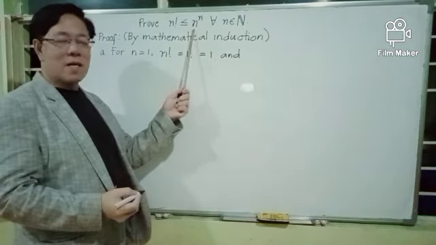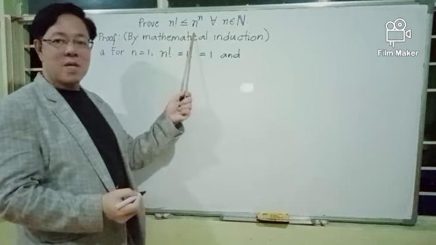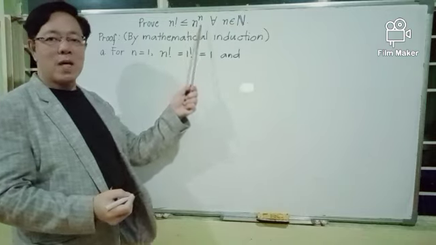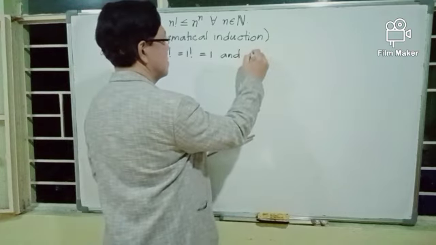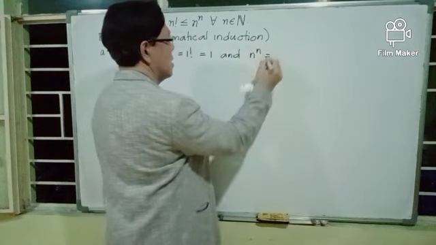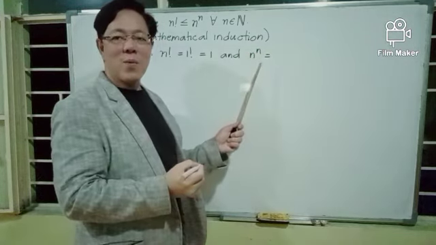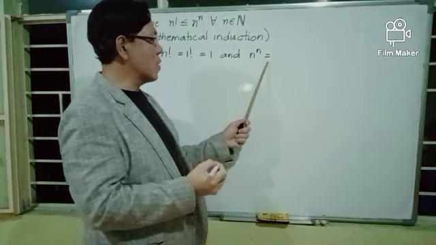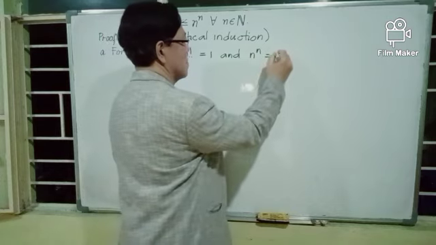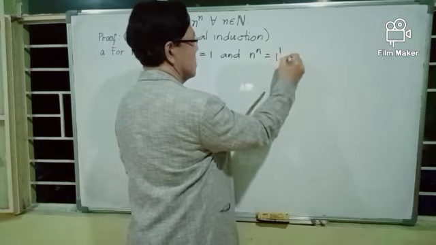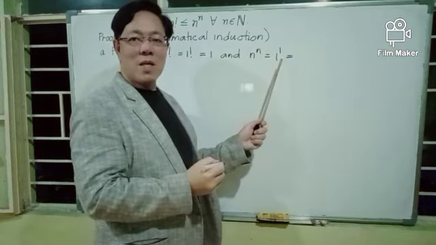And at the right-hand side of this mathematical statement, we also compute n to the power n, for n is 1. N to the power n when n is 1 is equal to 1 raised to 1. And 1 raised to 1 is 1.